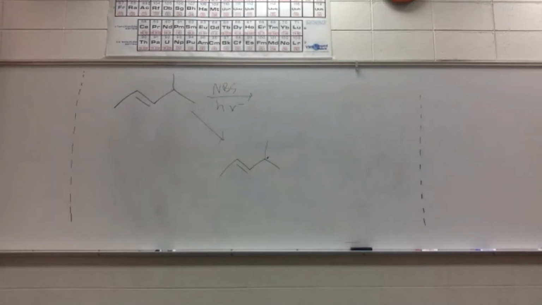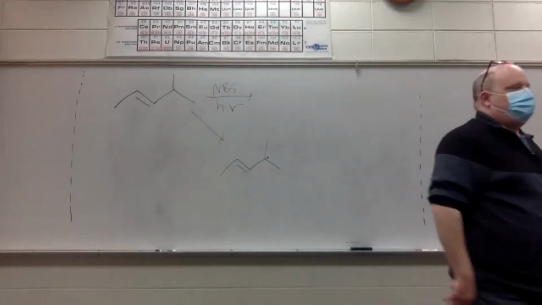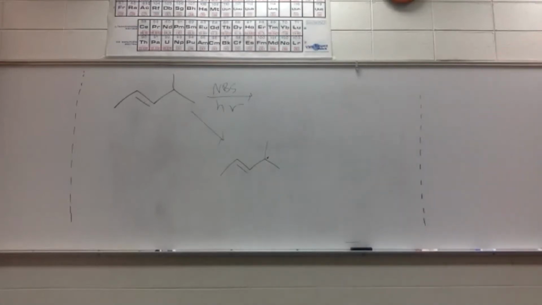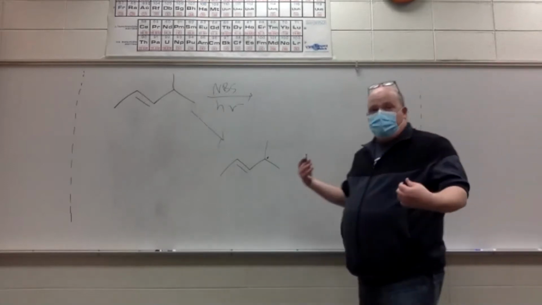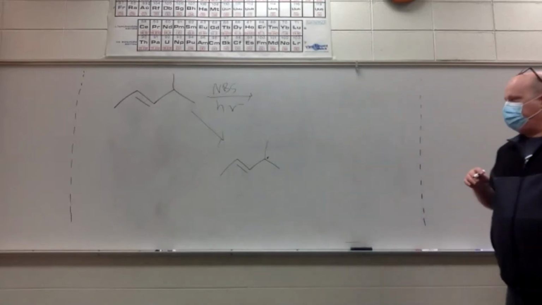Does that make sense? So this is a case where we don't, you're probably used to me saying, well, you got to do it at every position. No. Here you have to just be able to figure out which is the more stable. From there on out, it's pretty simple. It's going to follow the mechanism as I've outlined in previous examples.